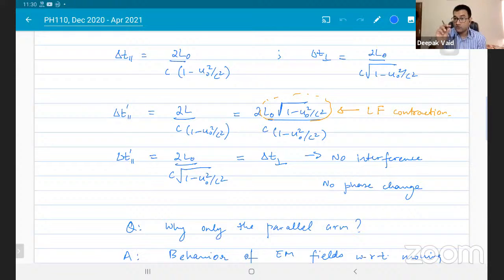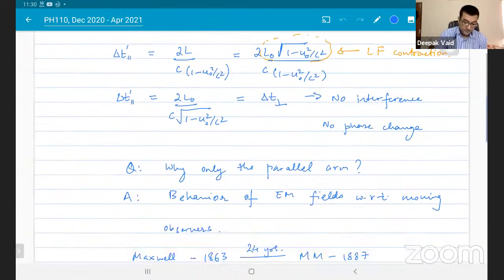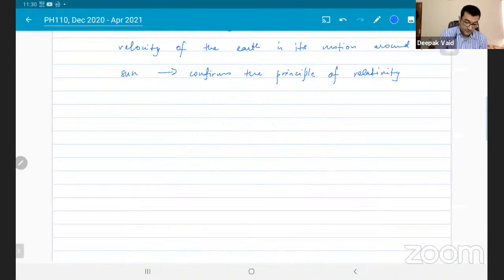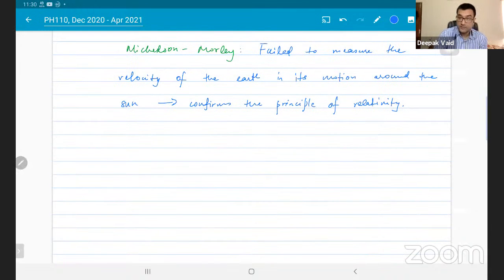So there will be no observable change in the relative phase of those two beams. And if there is no relative change in the phase, then you cannot detect this velocity u, right? So this explains the principle of relativity.